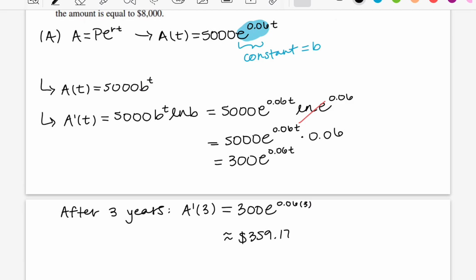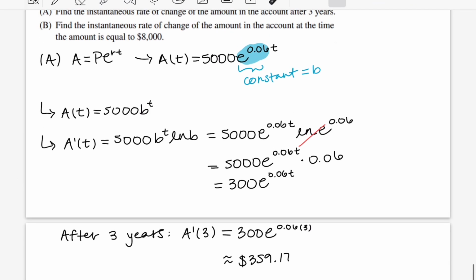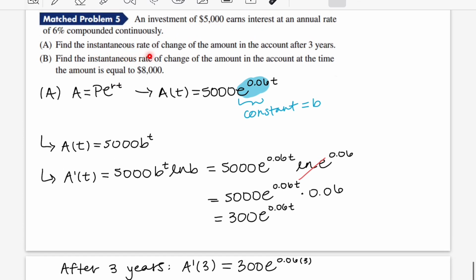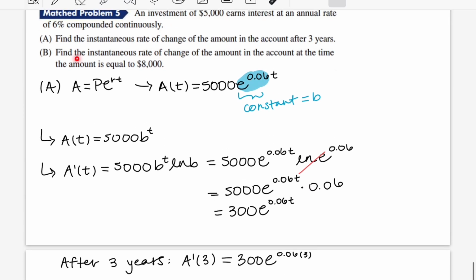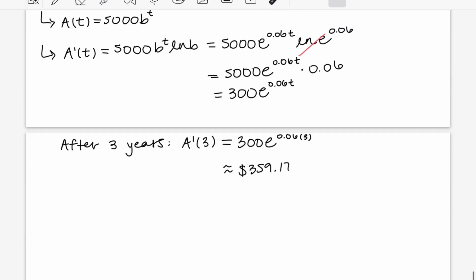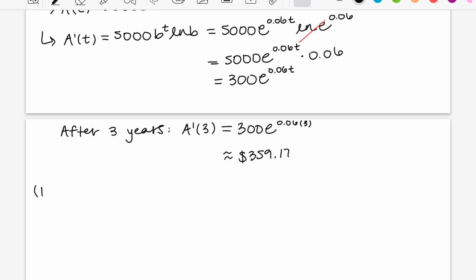All right. So the last thing we're going to look at is part B of this question. So we want to find the instantaneous rate of change of the amount in the account at the time the amount is equal to $8,000. So we're looking at the instantaneous rate of change again. So let's take a look at what that is.